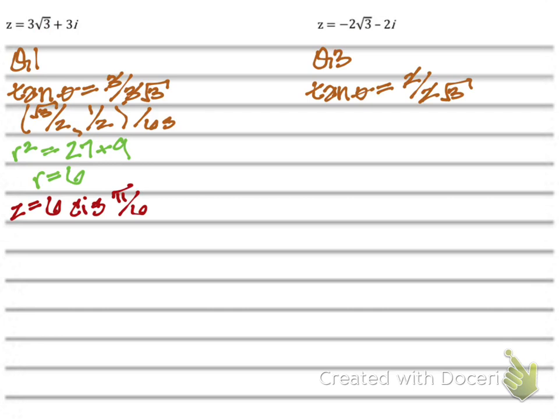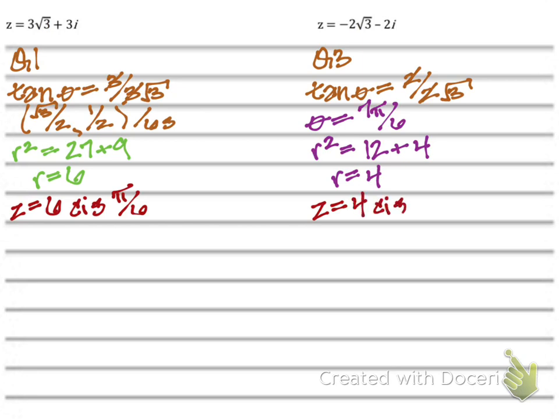And my over 6 in quadrant 3 is 7 pi over 6, right? 6 pi over 6 is pi. And then to find r squared, let's see, 2 squared is 4 times 3 is 12 plus 4. So r is 4, right? Square root of 16. And z is 4 cis 7 pi over 6.